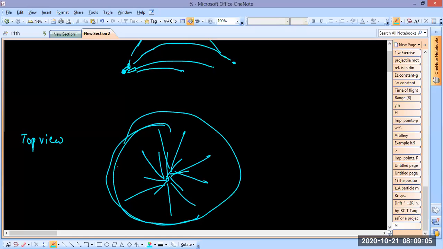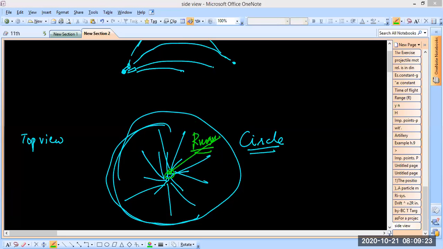The place where the bullets fall will make a circle, right? And with radius equal to maximum range.